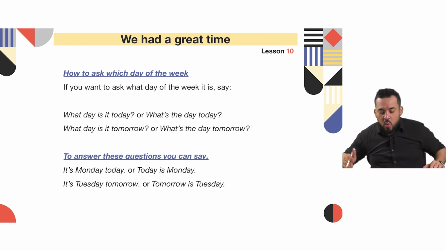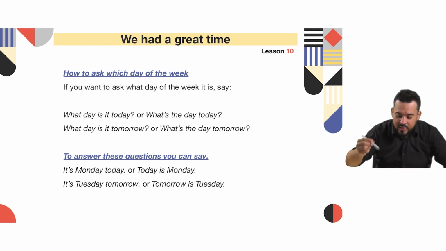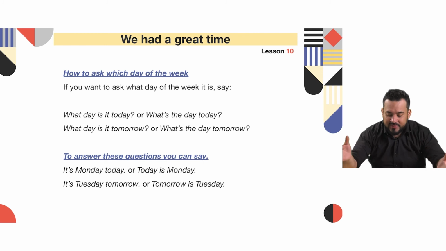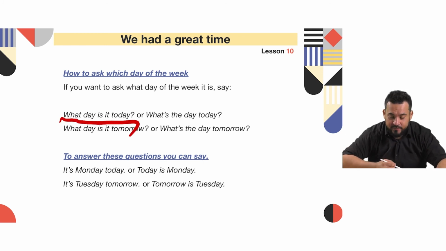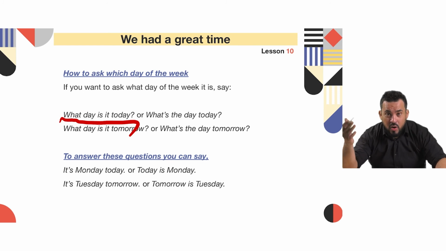How to ask which day of the week it is? If you want to ask about the day of the week, you will say, what day is it today, okay? Or what's the day today? If you want to ask about tomorrow, you say, what day is it tomorrow?